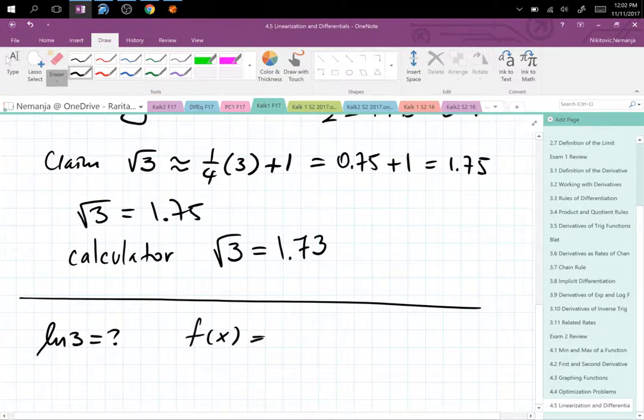The function that we are considering is ln x, right? And the number that it's close to 3, which we can compute, is e, 2.7. So the closest number. How about if I want ln 10? What should I take?